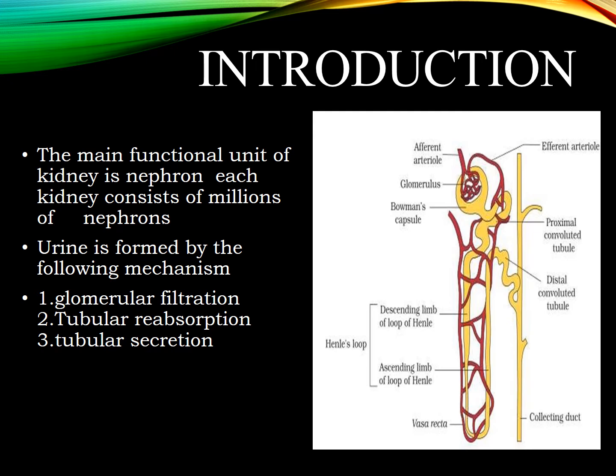The loop of Henle is divided into the descending limb and the ascending limb, and it continues with the distal convoluted tubule, which joins the collecting duct. Here we can also see the vasa recta, which covers the nephrons just like a net. This is the diagrammatic representation of the nephron and the main functional unit.